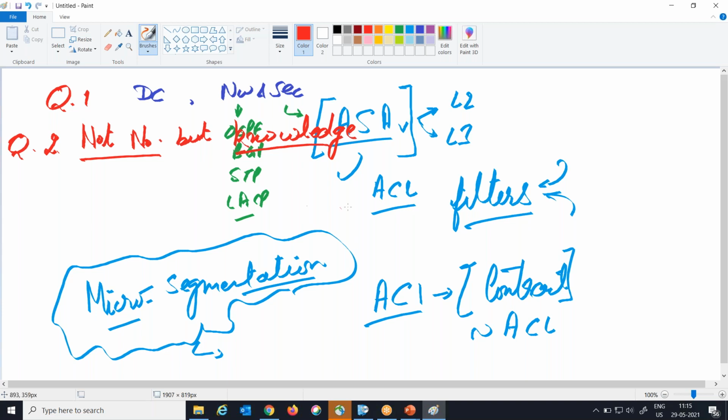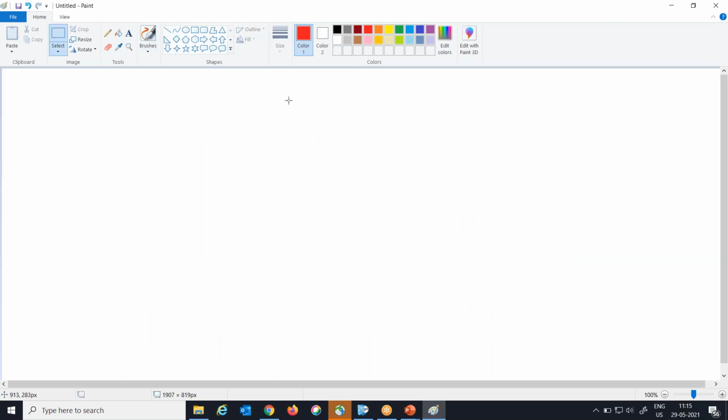Okay. Let me tell you one thing. Let me clean this screen first of all. At the current moment, I really do not know what is there in the lab examination, that is, I'm talking about Data Center version 3.0. I just have got a fair understanding based on a discussion which I had with a couple of friends of mine.